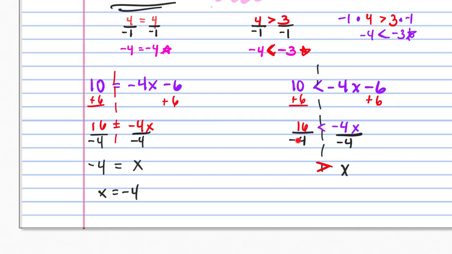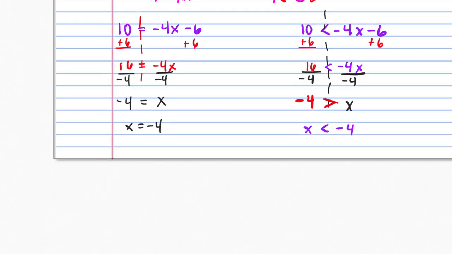And 16 divided by -4 is -4. I just do my math. And now finally I'm going to do that whole flip. Remember, I want my x on the left, so it points towards the x now. So my final answer is x's are less than -4. This solution rather, could then be graphed.